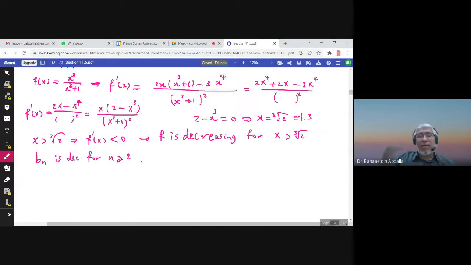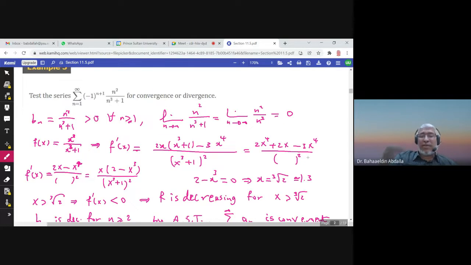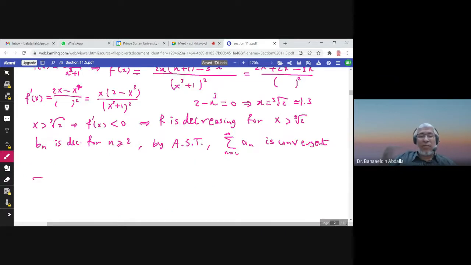So by the alternating series test, summation An from 2 to infinity is convergent. If you add a term, there is no problem.